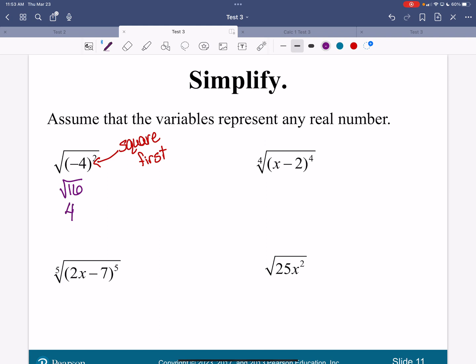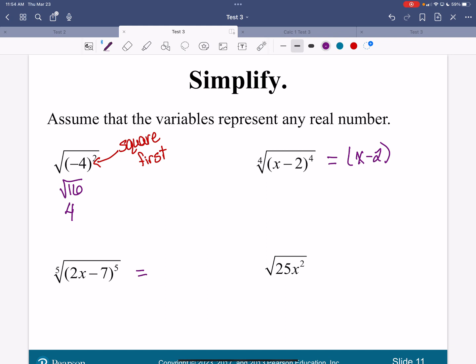Now, here we've got our fourth root and our fourth root. So our answer here is just going to be x minus 2. Okay? Here I've got fifth root or fifth power and fifth root.